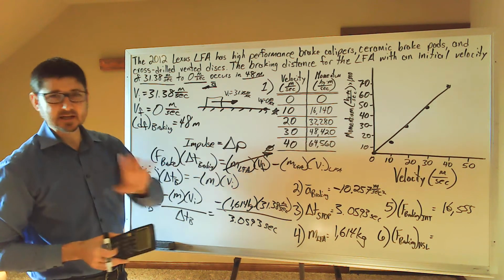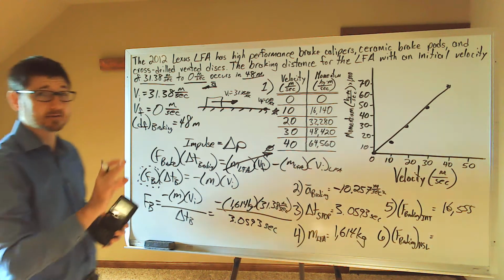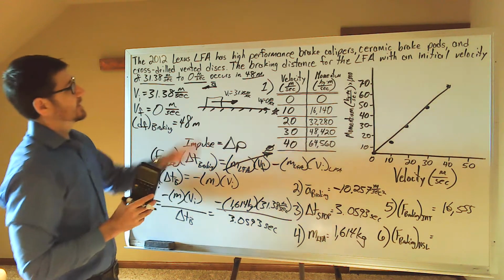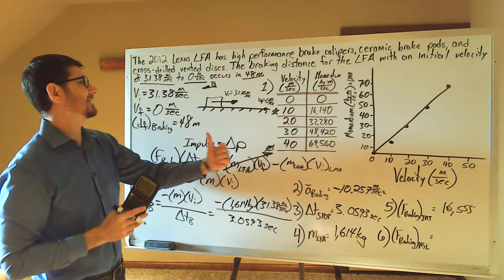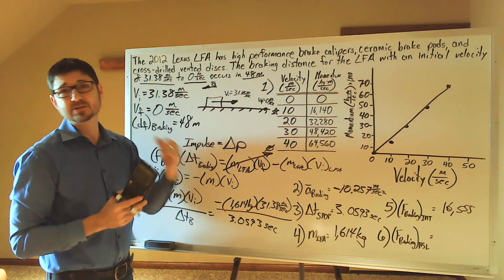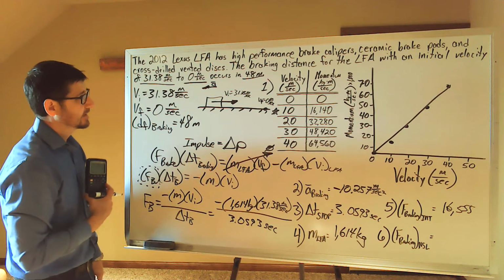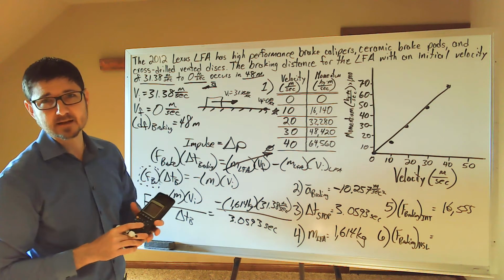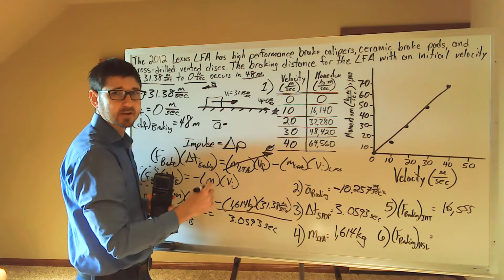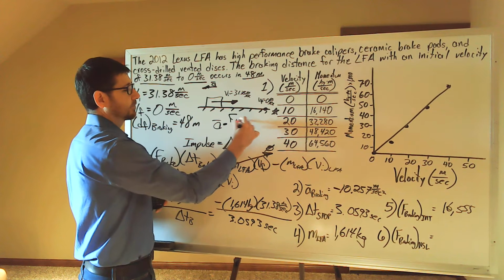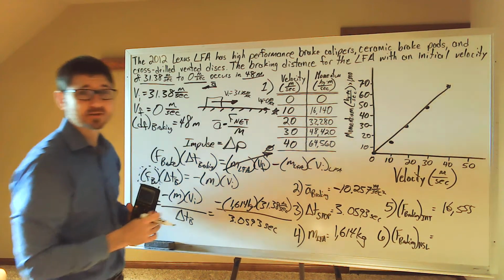Okay? Now we have a negative here. And the value is negative, but I want to talk about this negative value before I write that down and talk about units. So, in the diagram that we drew earlier, our acceleration vector is pointing in the negative x direction because we're slowing down. Our final velocity is less than our initial velocity. And according to Newton's second law of motion, the acceleration of an object is directly proportional to the net force applied to the object and inversely proportional to the object's mass.